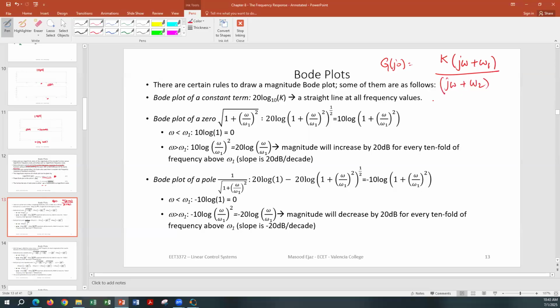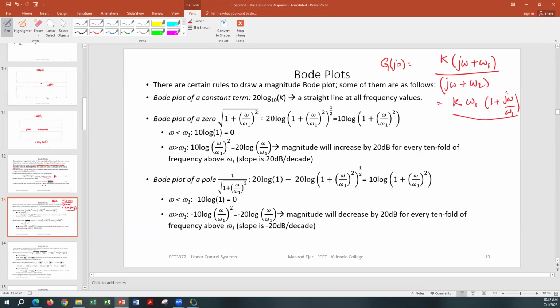Let's say we just restrict right now to this. So you have again k, you have a 0, and you have a pole for g j omega. And we can write this down as k times, take omega 1 out here and write this down as 1 plus j omega over omega 1.